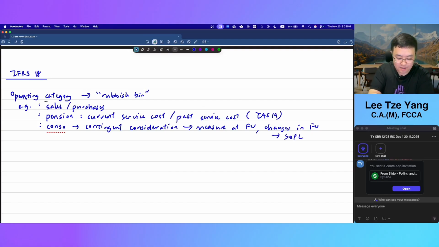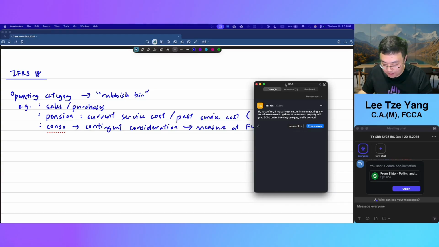Which category? Operating. I never said this clearly before, but now I hope all of you know. It doesn't fulfill investing and financing. This is confirmed in the standard. I actually read IFRS 18 to find out. The technical article didn't say, but I want you to know.